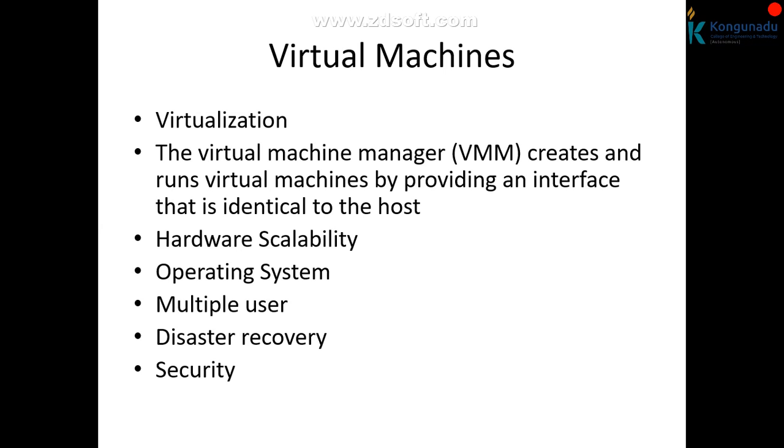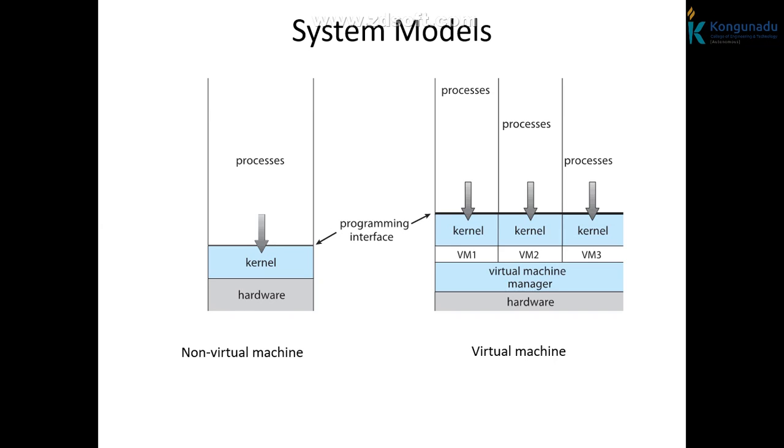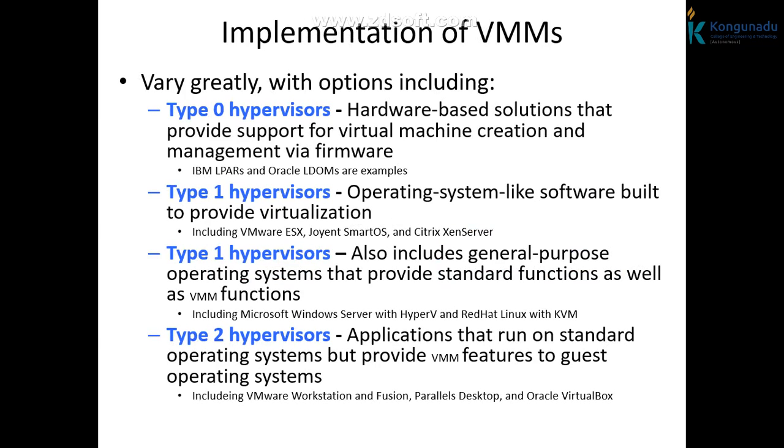Next, let's see non-virtual machines and virtual machines. These are the architectures for non-virtual and virtual machines. Next, implementations of virtual machines: VMMs, type 0 hypervisors, type 1 hypervisors, advanced type 1 hypervisors, and type 2 hypervisors.